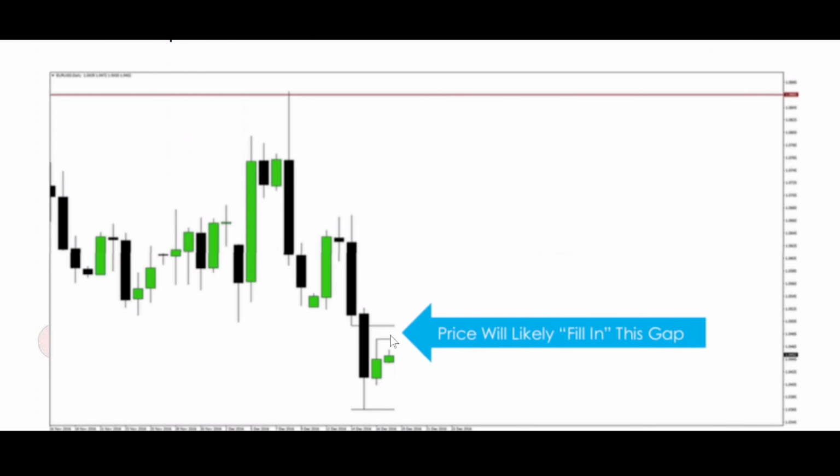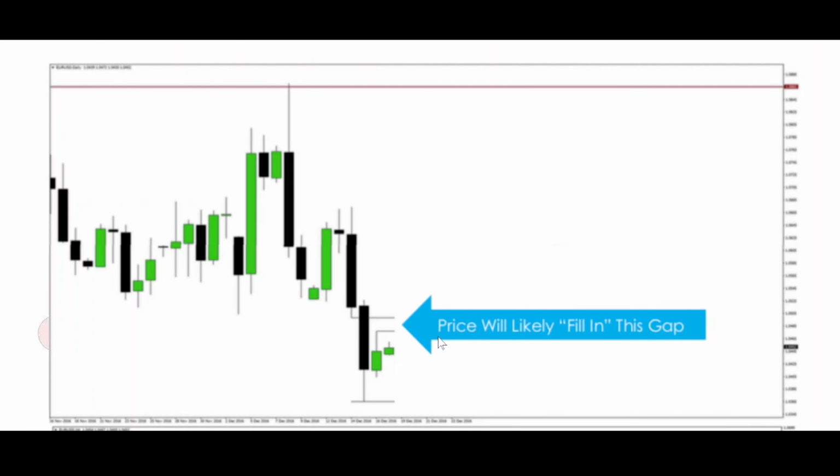Looking at this diagram right here, you can see there's a fair value gap after this strong bearish candle. So the first candle, the second candle, and the third candle, which is the green, there is a gap between the wick of the first candle and the third candle. So that is a gap.